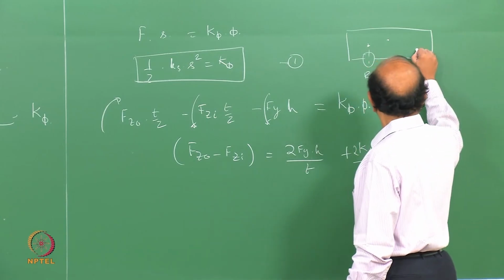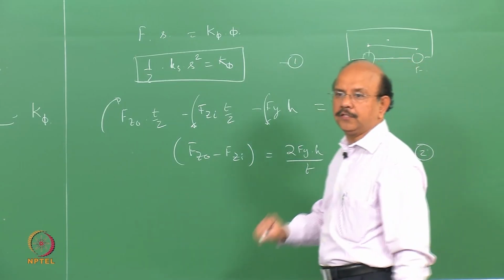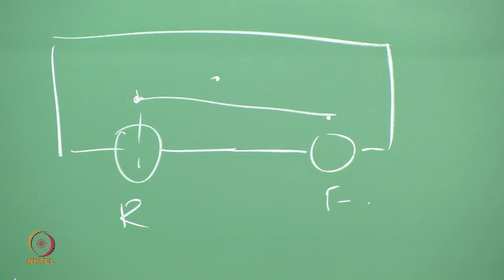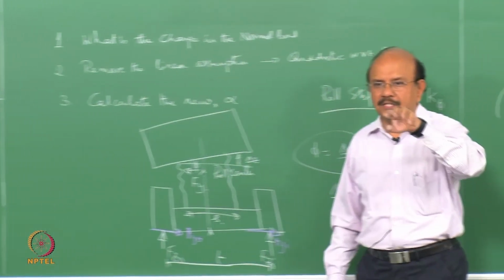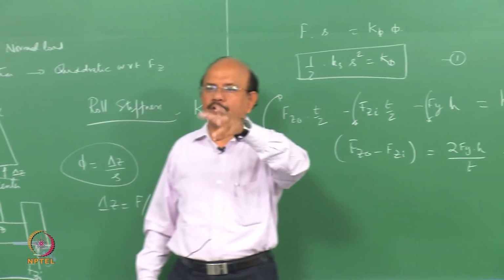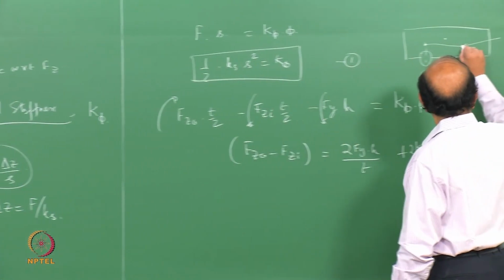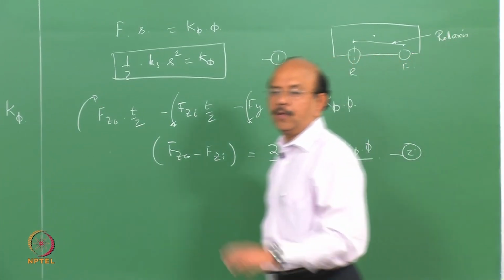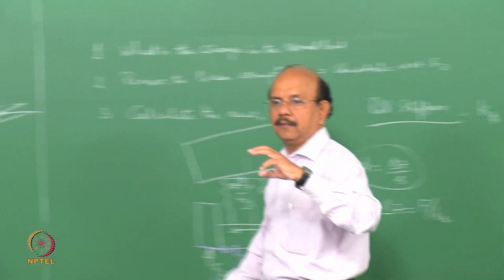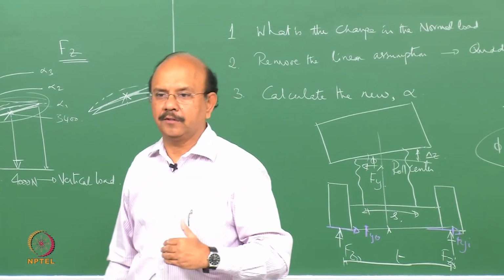There is a front roll center, and the line joining these two is what is called the roll axis. So it is an imaginary axis about which this whole body rolls. So that is the roll axis. So a moment is created because of the distance, say for example, the center of gravity location is away from it.